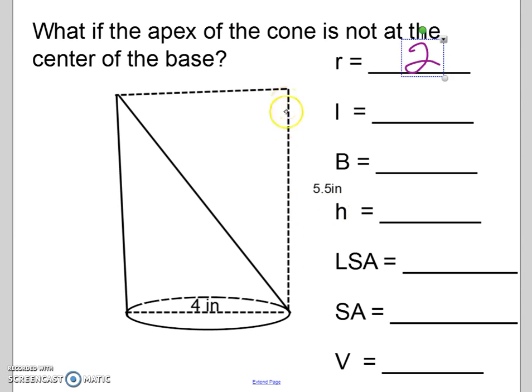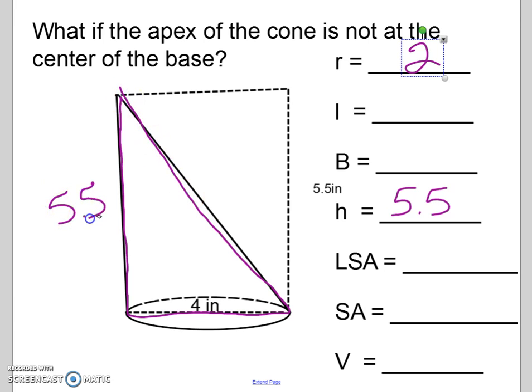The height is this 5.5. So to find the slant height, we do have a right triangle here. And this is 5.5 and this is 4. We do Pythagorean theorem for that slant height, we get 6.8.